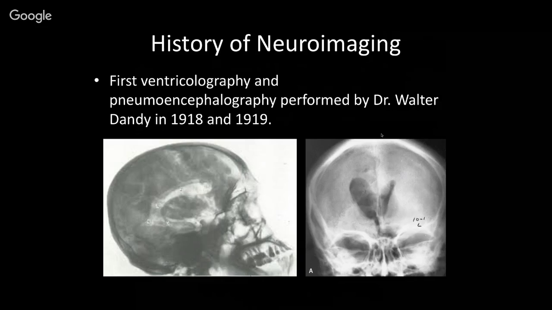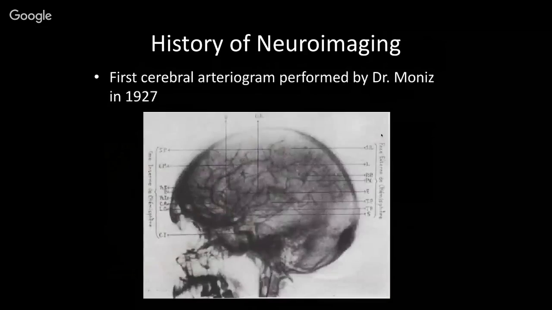This essentially involved introducing air into the CSF space, allowing that air to rise into the ventricles and then performing a standard X-ray in order to be able to see the morphology of the ventricles. As you can imagine, this wasn't a particularly well-tolerated exam, but this was really the first foray into neuroimaging with the new availability of X-ray imaging at that time.